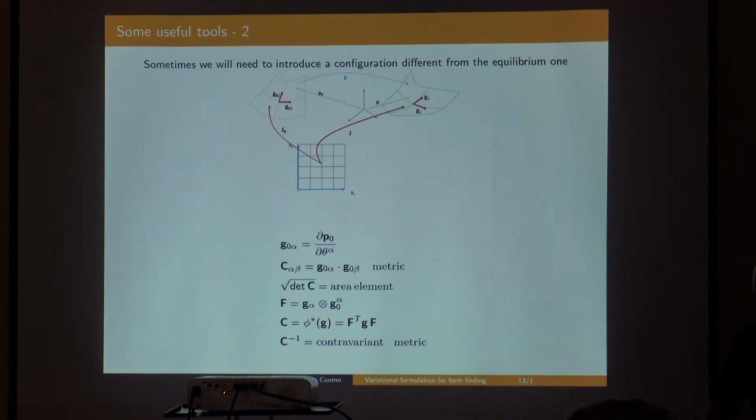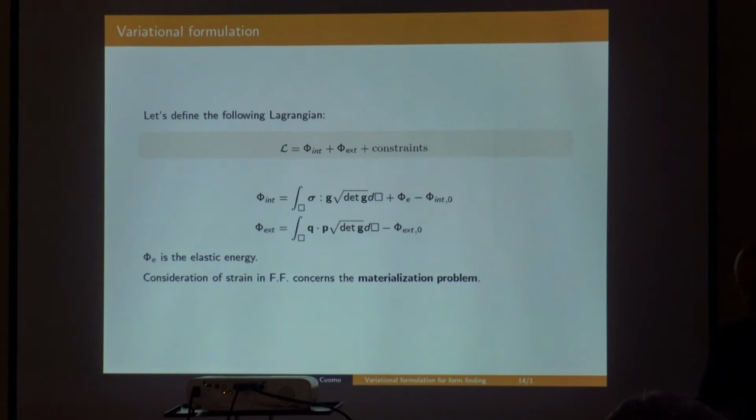Just to fix the idea, capital C will indicate the pullback of the metric of the equilibrium configuration on this arbitrary configuration that we have set, the one with the 0. So C is the metric of the equilibrium configuration, but pulled back on this arbitrary configuration.